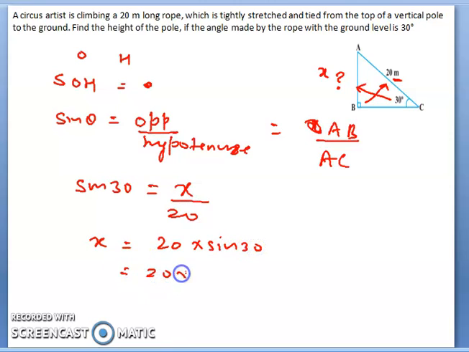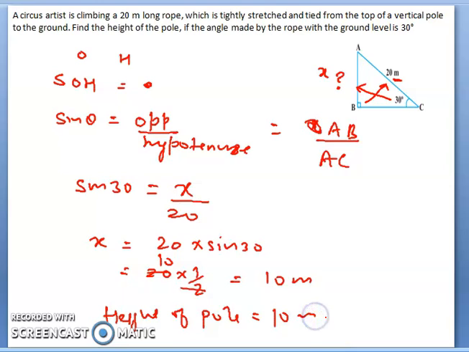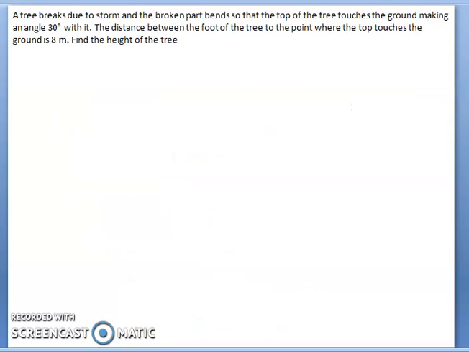The value of sine 30 is half, so we cancel by 2 and write 10 meters. So the height of the pole is 10 meters. This was an easy question in which we applied the right angle triangle and sine as opposite upon hypotenuse, and calculated.